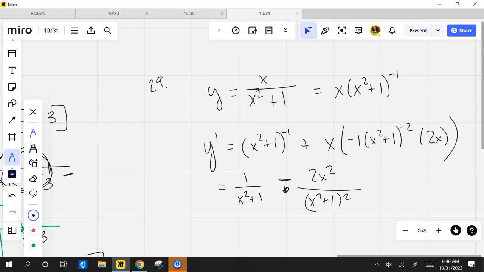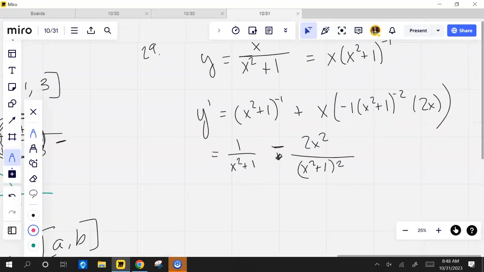I would combine these into one fraction, with a common denominator. Just because I know I need the top to go to 0 and the bottom to go to 0, so I need them to be in just one fraction instead of two different ones. So my LCD here, this has got x squared plus 1.